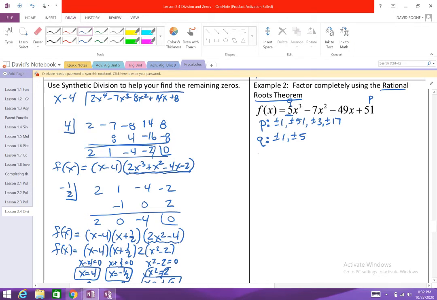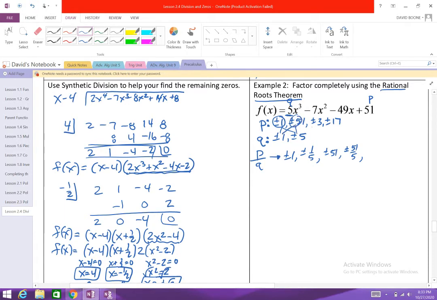So what I'm going to do is now list all of the P's over the Q's. All right, so I'm going to start with this one. Plus or minus 1 over plus or minus 1 is plus or minus 1. Plus or minus 1 over plus or minus 5 is plus or minus 1/5. And just continue now, go to the next one. 51 over 1, so plus or minus 51. And then here, plus or minus 51 over 5.